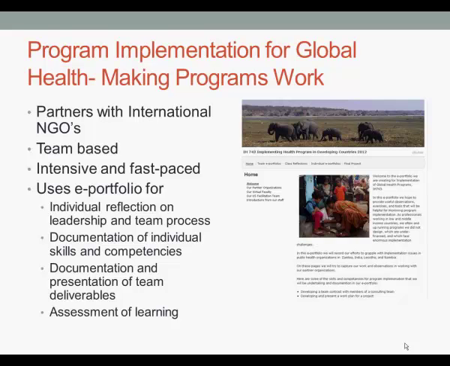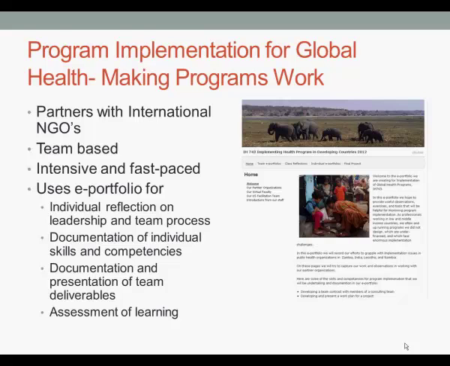We have scopes of work for human resource management, for quality improvement, for information management, pharmaceutical management, and financial management. And each 2 weeks we deal with one particular scope of work.